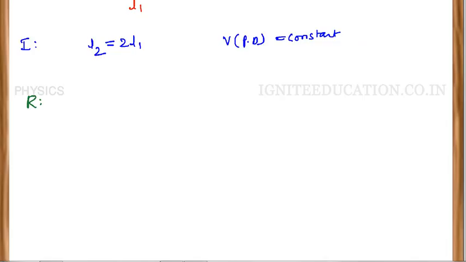We already know that I is equal to NEAVd, where I is the current flowing in that conductor and N is the number of electrons in unit volume.